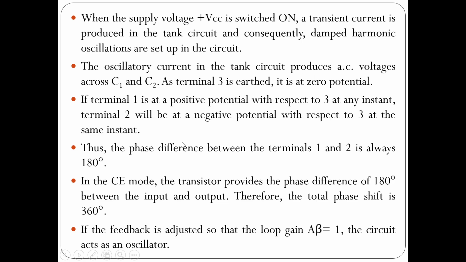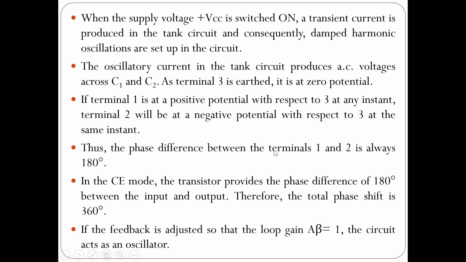The operation of the Colpitts oscillator is explained here. Damped harmonic oscillations are set up in this given circuit. The oscillatory current in the tank circuit produces AC voltages across C1 and C2. As terminal 3 is earthed, it is at zero potential.